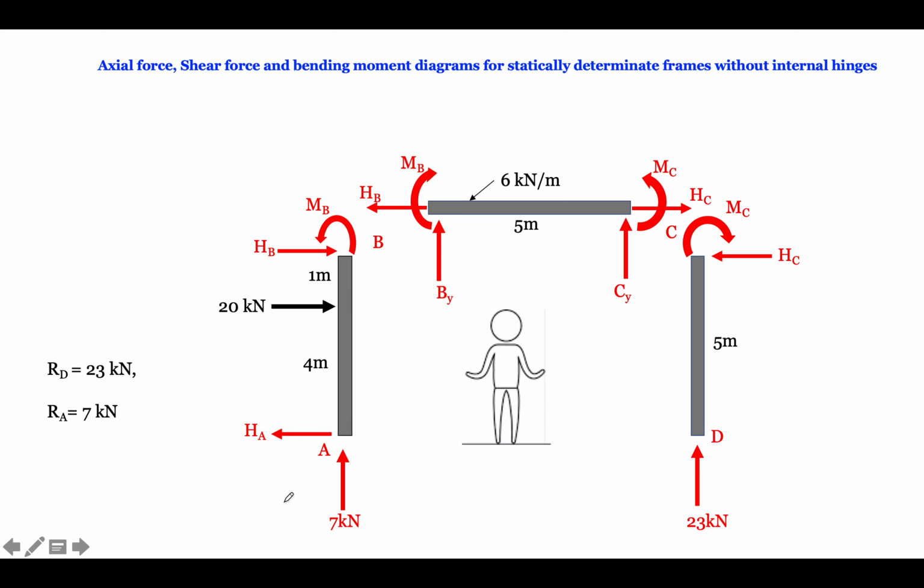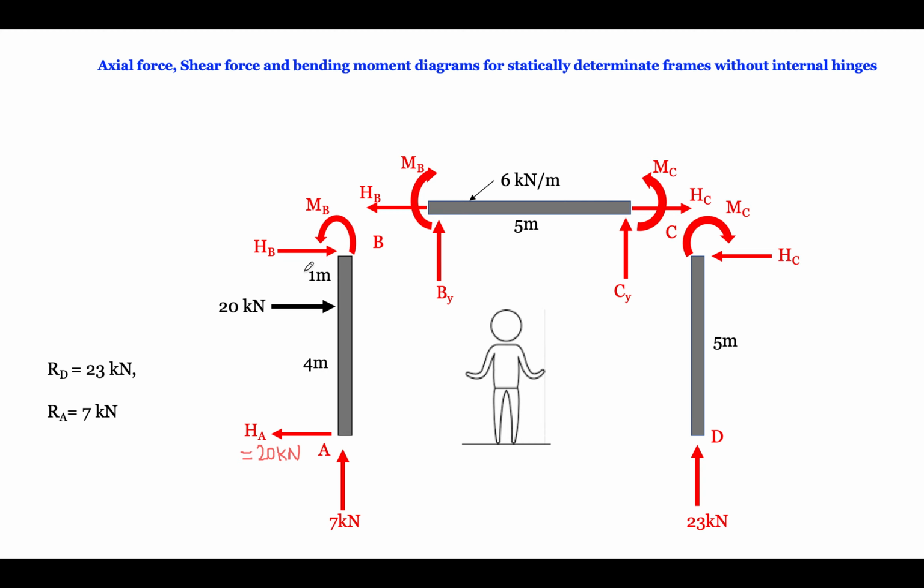Here we got this value as 20 kilonewton. Member AB is 20 kilonewton. Now we have this 7 kilonewton and this 20. We don't know what HB is here, that we will see, and we also don't know whether MB will be in this direction or another. But simply we assume one direction.